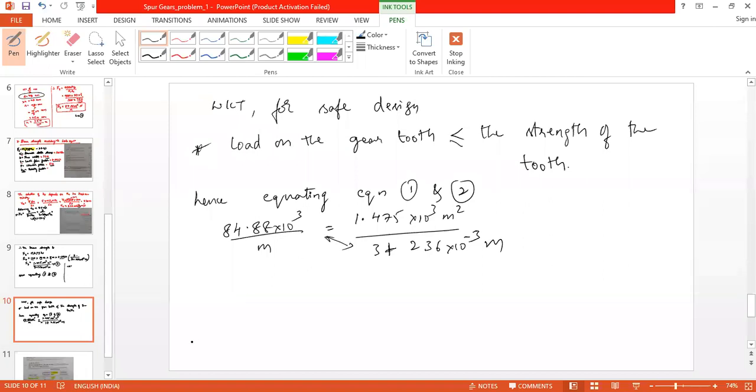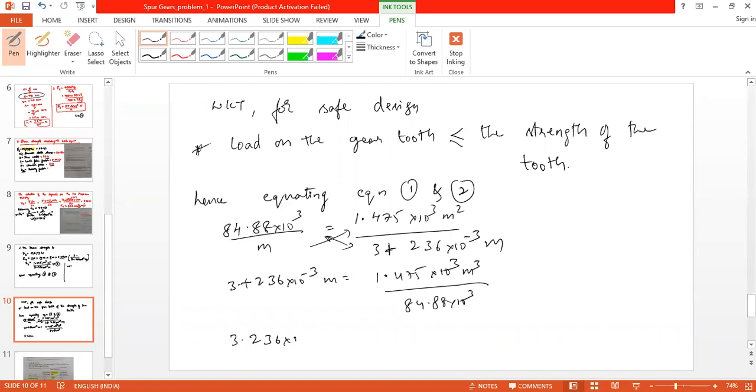So here we can cross multiply, right? Or we can interchange this. So 3 plus 236 into 10 power minus 3 m is equal to 1.475 into 10 power 3 m cube divided by 84.88 into 10 power 3, right?